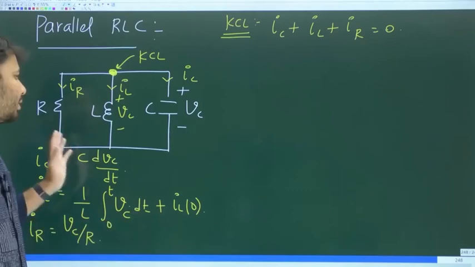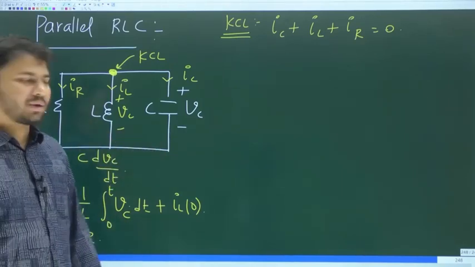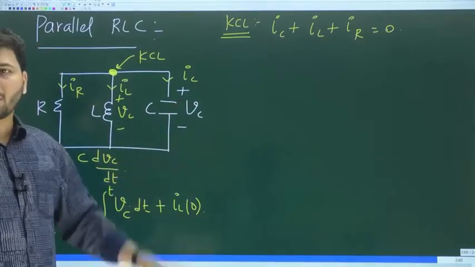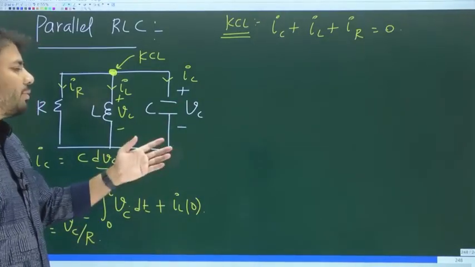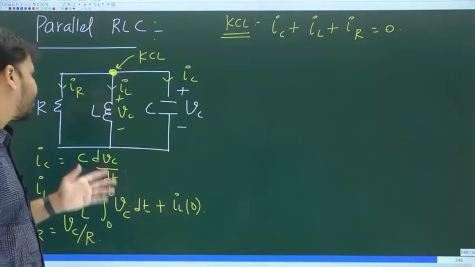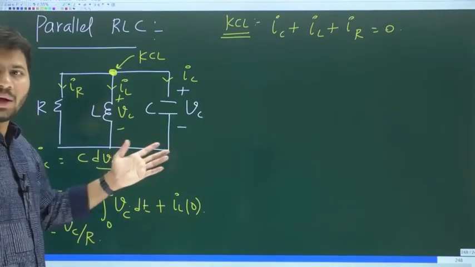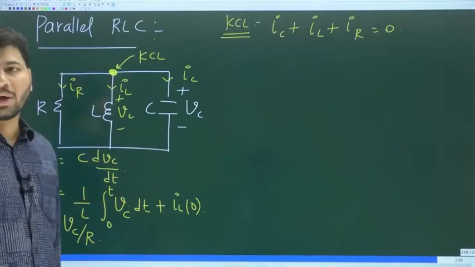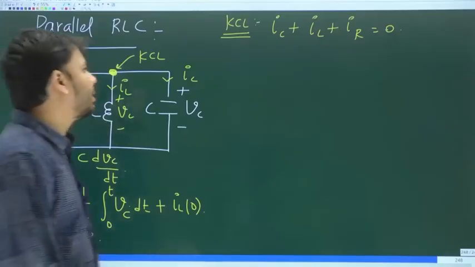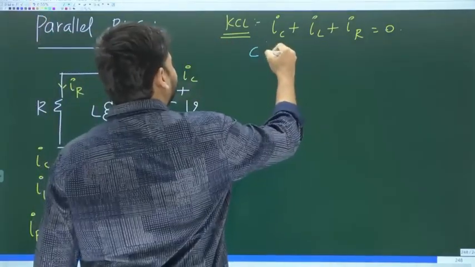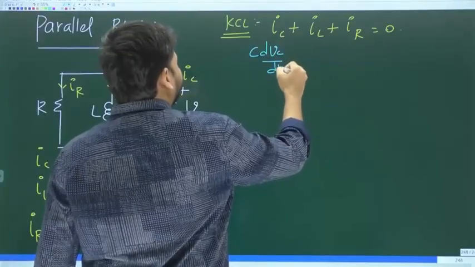Nothing great. We just have the parallel RLC circuit. Voltage will be same for all the elements. Let that voltage be Vc. And we are trying to form a differential equation in terms of Vc. We just expressed all the three currents in terms of Vc. Then we wrote KCL at this point. Nothing more. So IC is C dVc by dt.